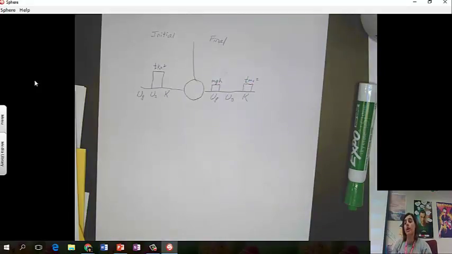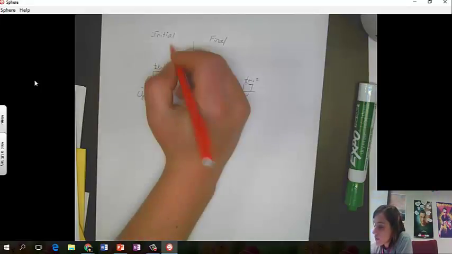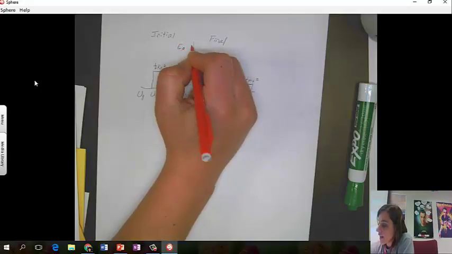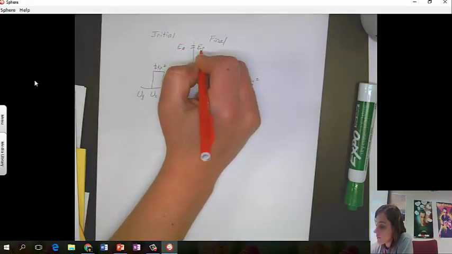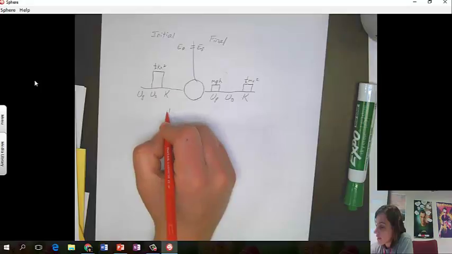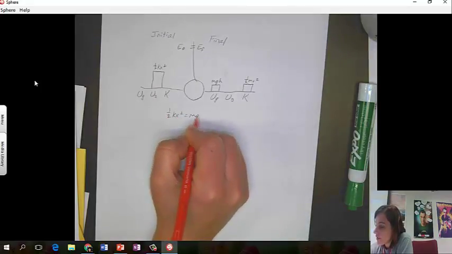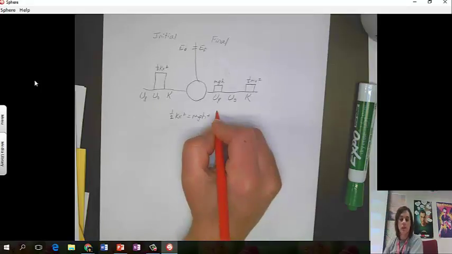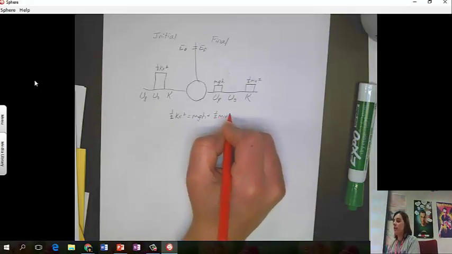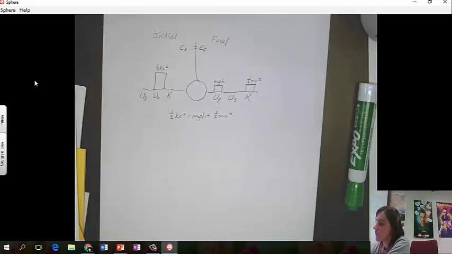Because this is a conservative force, there's no net work done on the system. So that means I can set my initial energy equal to my final energy. So I'm going to take everything from this side and set it equal to everything from this side, okay? If I know values, I can then plug in and solve for something, okay?